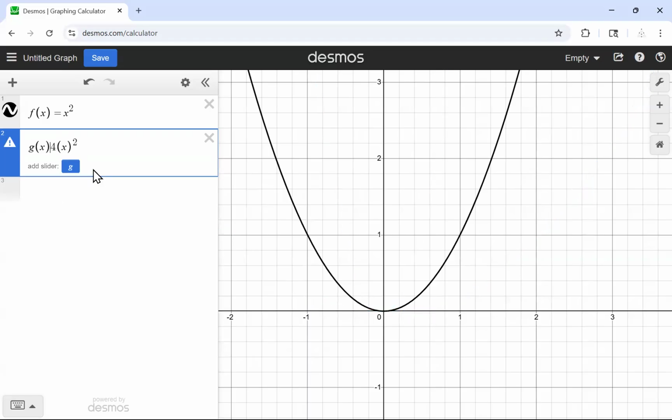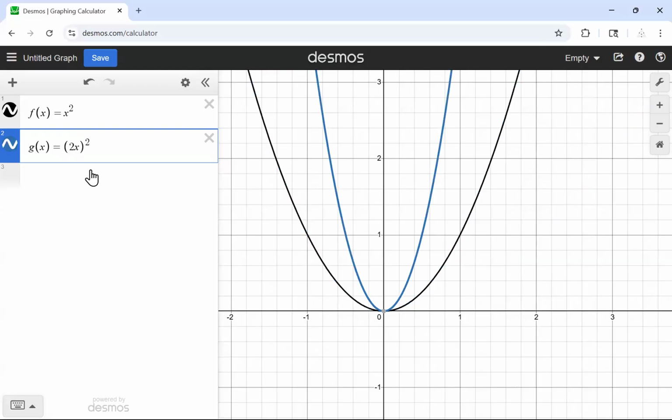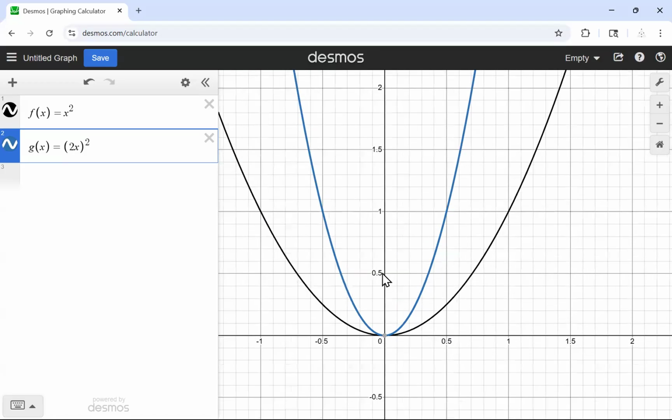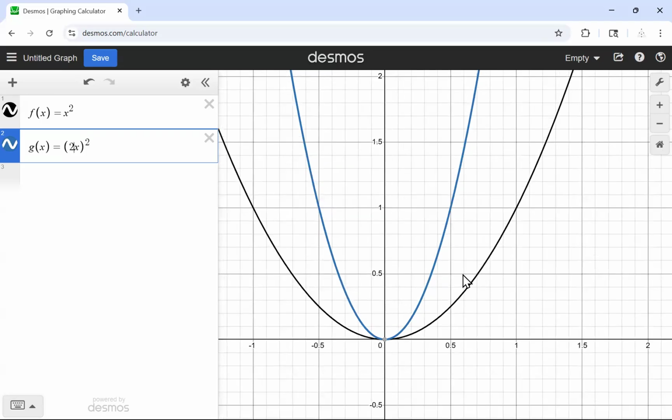We can do the same thing horizontally, but with a horizontal, when it goes inside, what happens is that if you multiply by 2 on the inside, then it actually is a horizontal shrink of a factor of 2. Here's what I mean by that.